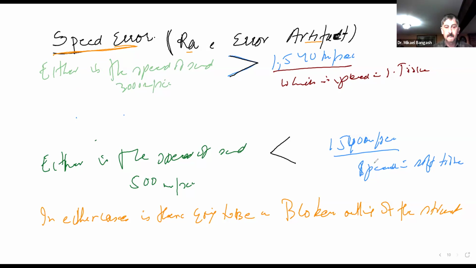Now, what's going to happen is, let's say that we had a structure. Let's say physically, this is the real shape of the structure. But if this structure here had a speed of sound that was greater than that of soft tissue, it's going to have that broken outline.